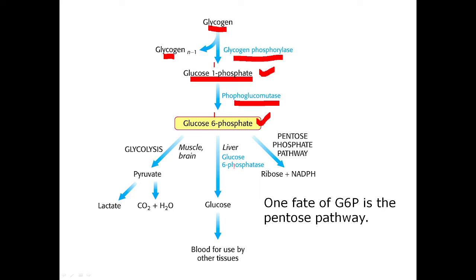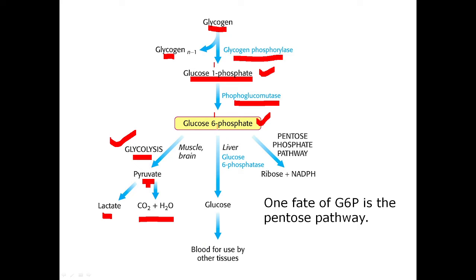Under glycolysis we saw it can undergo glycolysis in muscle and brain, and yield the end product pyruvate. We also saw the fates of pyruvate: it can get converted into lactate, or carbon dioxide and water, or into ethanol. So this is one glycolytic pathway.